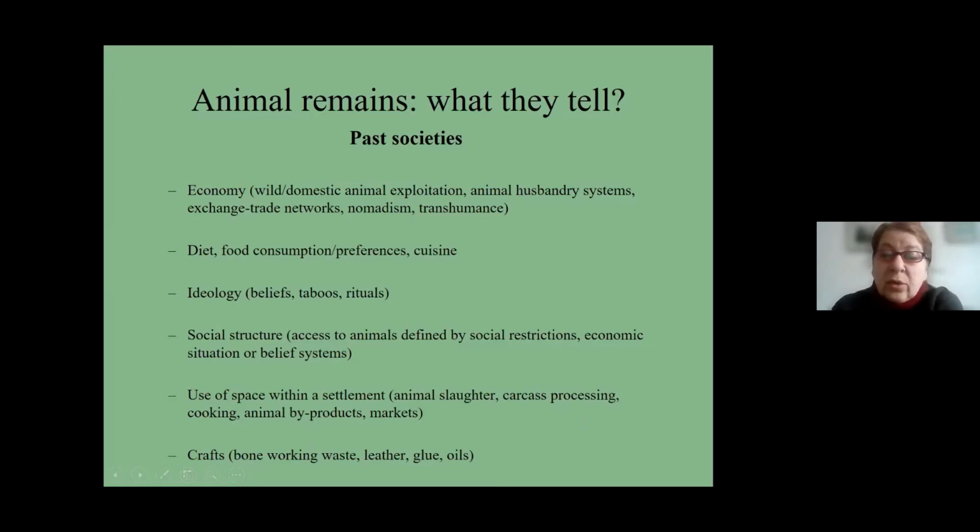And of course, you can learn a lot about crafts because many animal products are used to provide a lot of materials for people. Of course, we are not studying the final product. We mostly will see the waste, bone working waste or leather working waste, and so on.